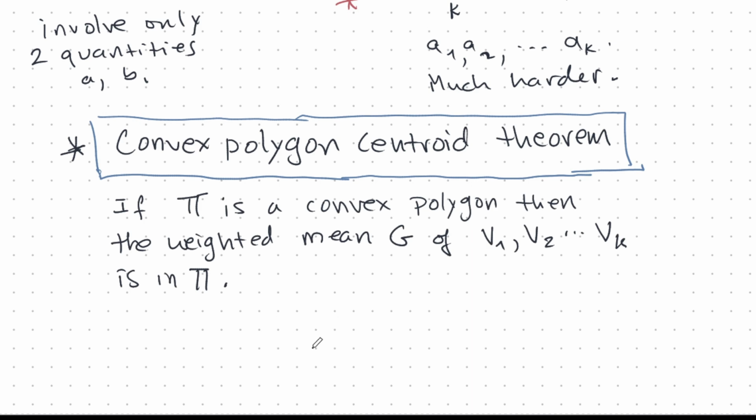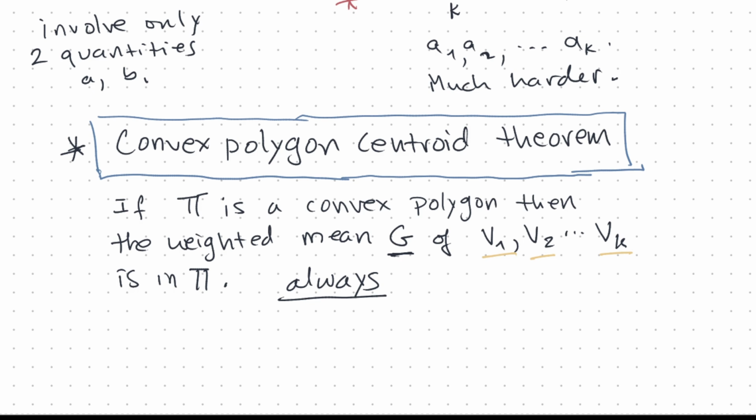And to refresh your memory, the theorem is like this. Let's say pi is a convex polygon with vertices v1, v2, up to vk. So it's got k vertices. We form the weighted mean of these k vertices, call it g, and g is always inside pi. It's never outside.